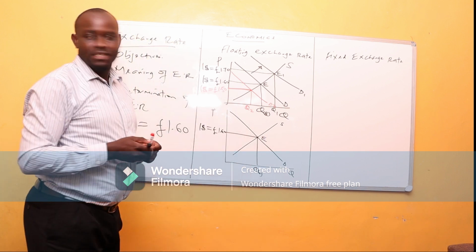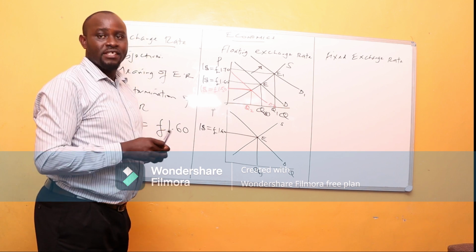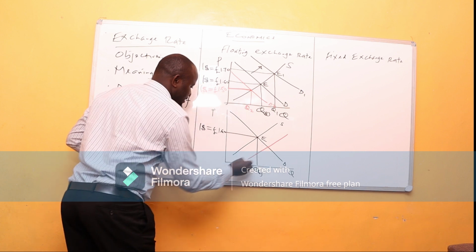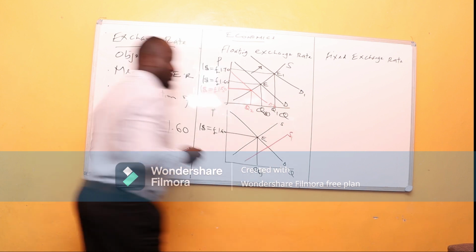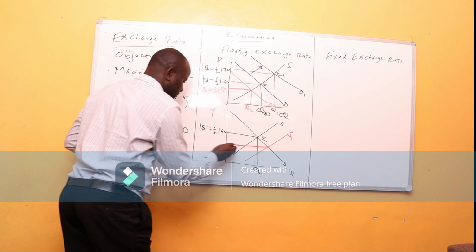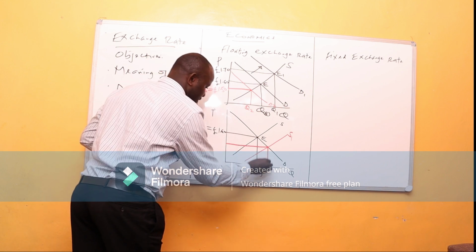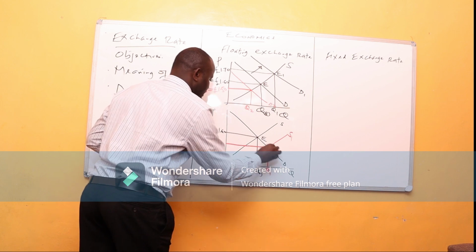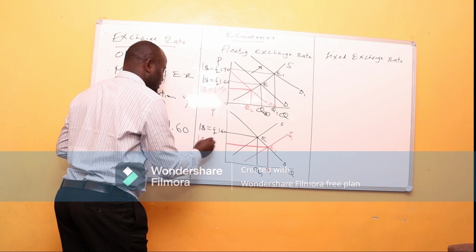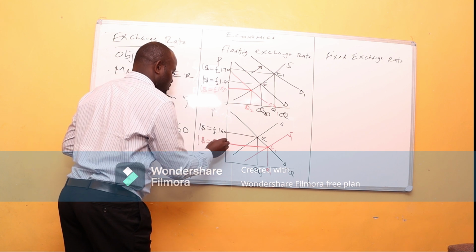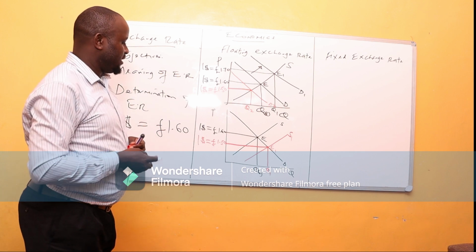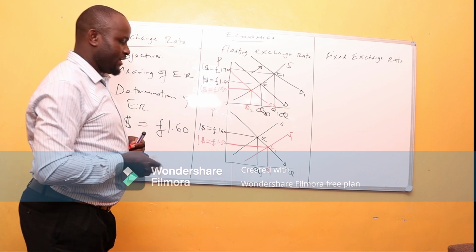Now, an increase in the supply of the currency shifts the supply curve outward to S1, leading to a new equilibrium here, Q1, E1, at a lower exchange rate. A dollar is equivalent to 1.50 pounds.